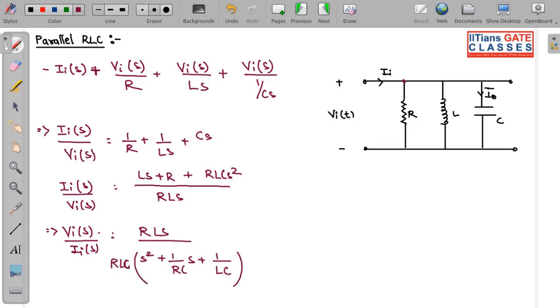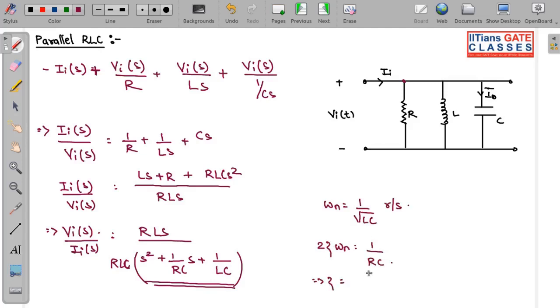Now you can again see that this denominator is a standard second order system. If you compare, once again you can see omega n is equal to 1 by under root of LC radian per second, and 2 zeta omega n is equal to 1 by RC.